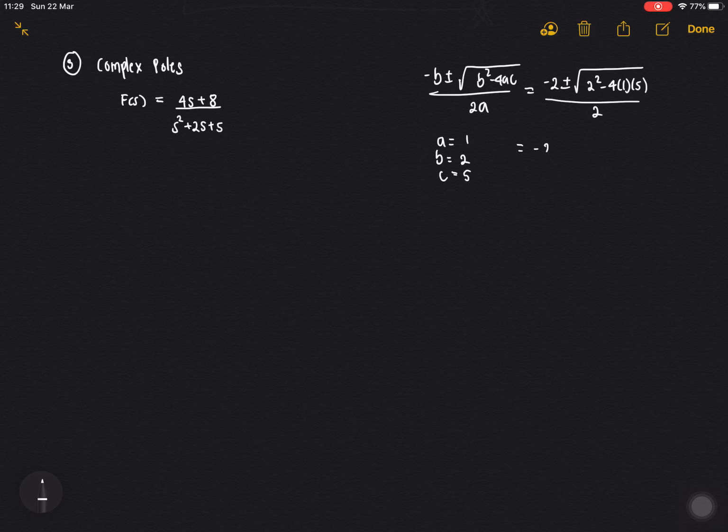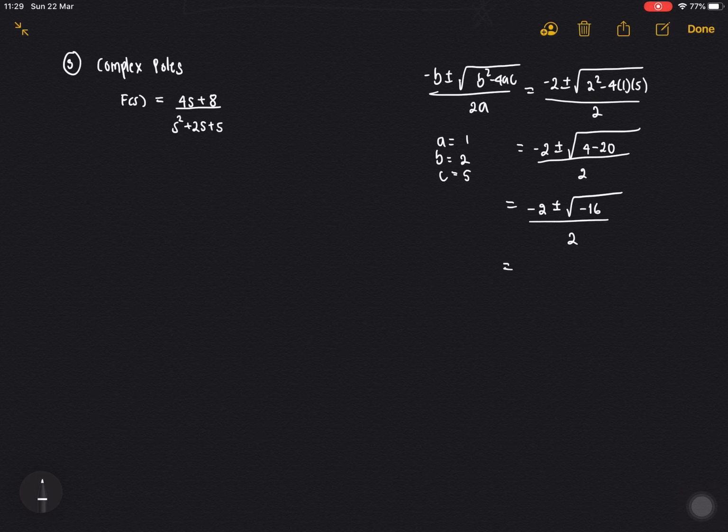So here you will have minus 2 plus or minus. Inside the square root sign you will have 4 minus 20, and then divided by 2. So that would be minus 2 plus or minus the square root of minus 16, divided by 2.